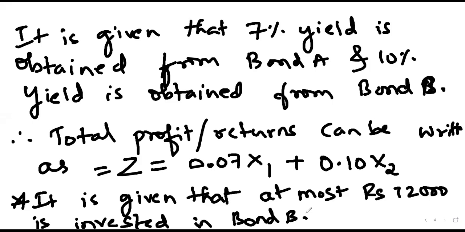Okay, so the maximum investment in bond B itself is 12,000 rupees, and the total investment in bond B is represented as X2, correct? So how can we write this?